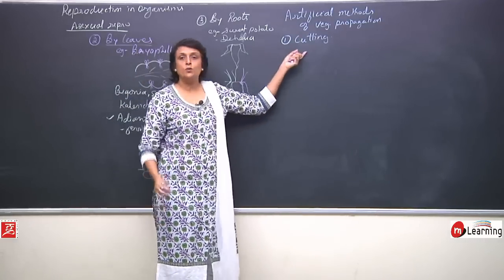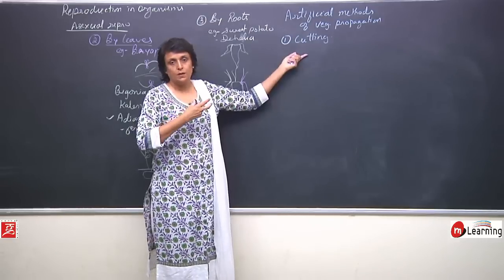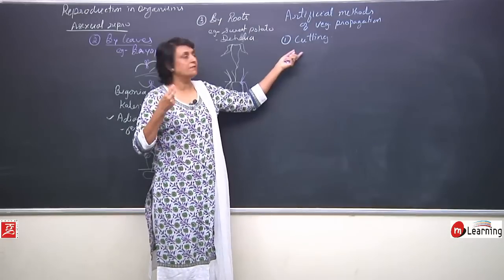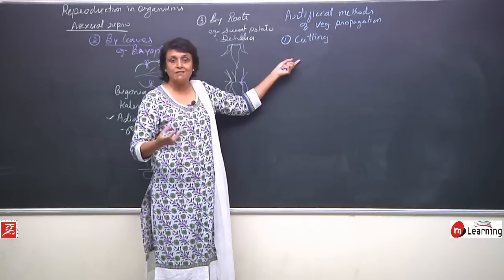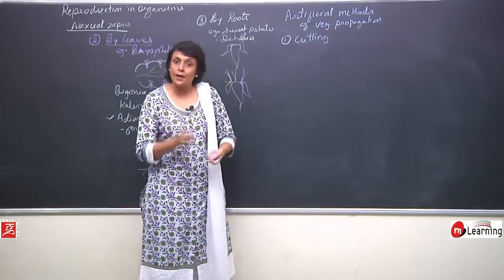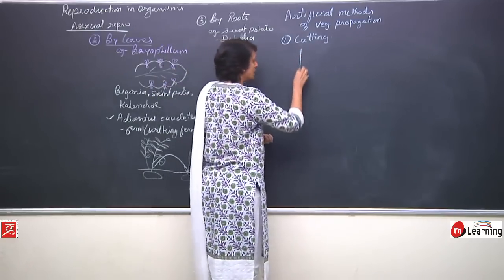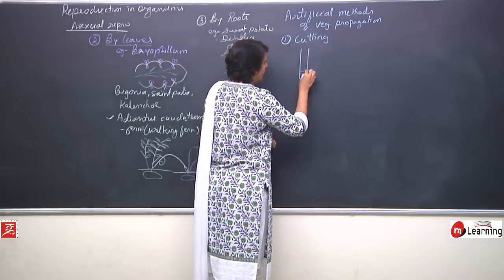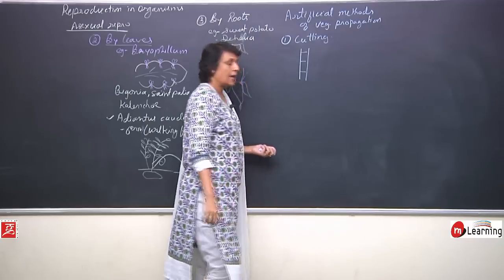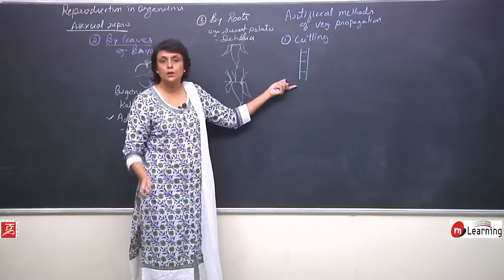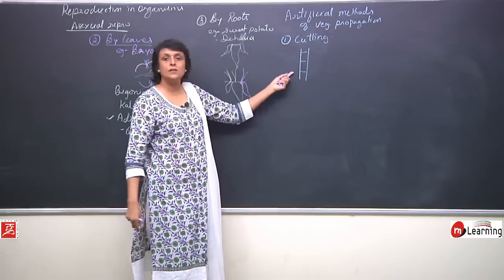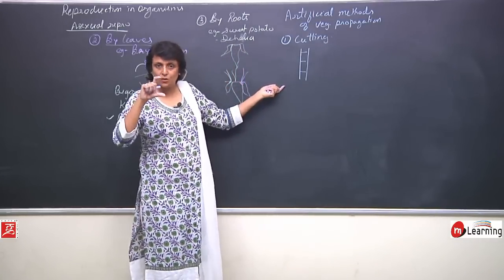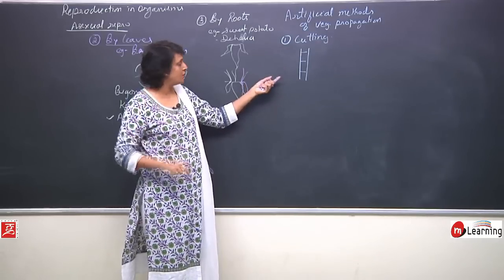But because we are doing it on a professional level or maybe in a scientific manner, we would see from where to cut. Suppose this is the stem and here are the nodes, and we want to grow this into a new plant. This is known as a stem cutting. You have just brought a piece or a part of a branch.